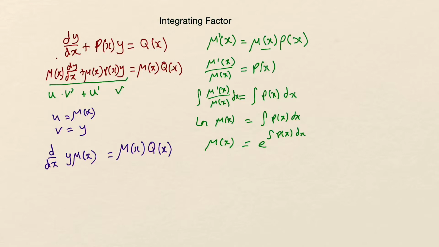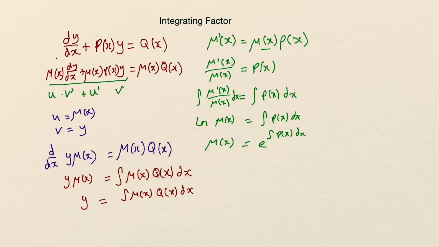Now we're trying to solve this differential equation for y. So if we integrate both sides, then we will have y mu of x is equal to the integral of mu of x q of x dx. And then make y the subject, so we've got the integral of mu of x q of x dx all over mu of x.